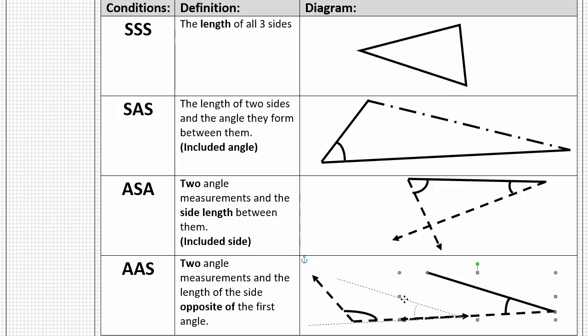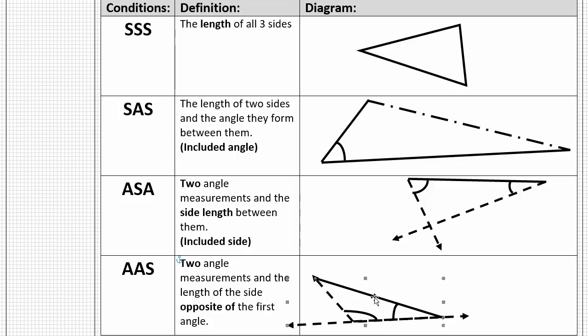I'm going to keep moving it. You can see that dotted line so they all connect up, and it looks like it did that right there. So that is the exact spot where I can have two adjacent angles that are locked into place and an exact distance side that is opposite of that first angle. There's only one way to make that triangle.